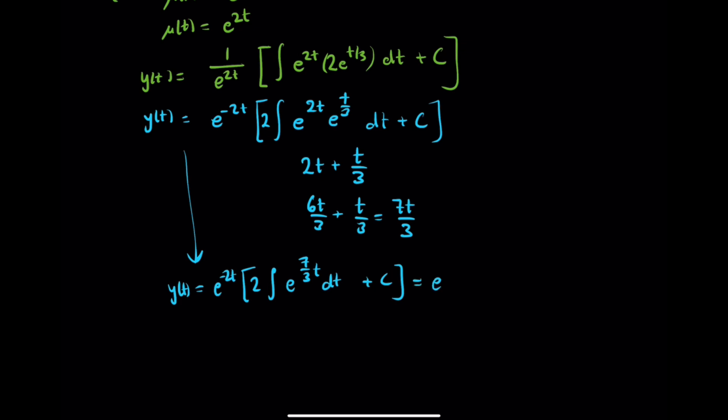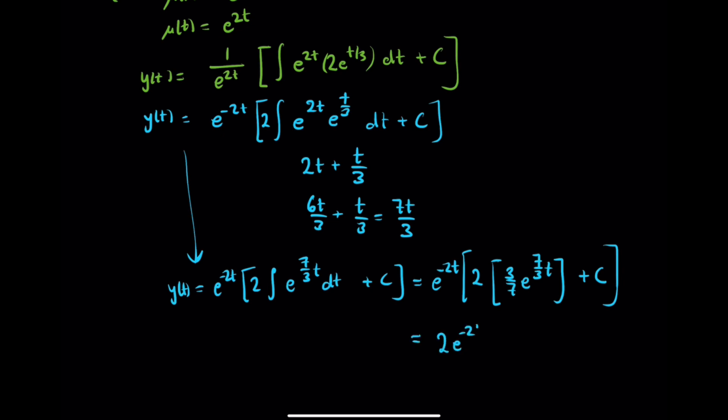Then if we keep working this, we solve that integral: 3 over 7 e to the 7 over 3t. Because we already have the plus c, we don't need to write another plus c, there you go.